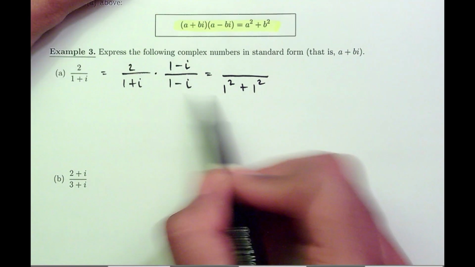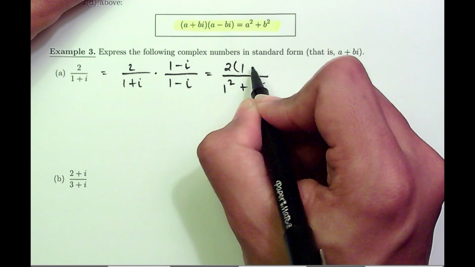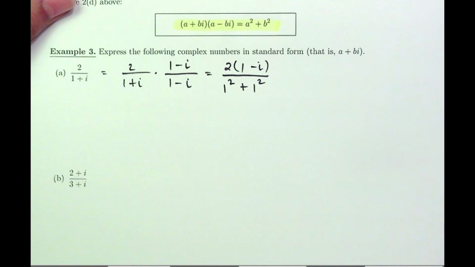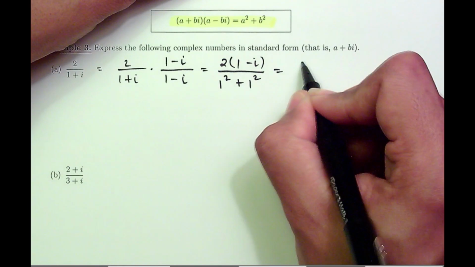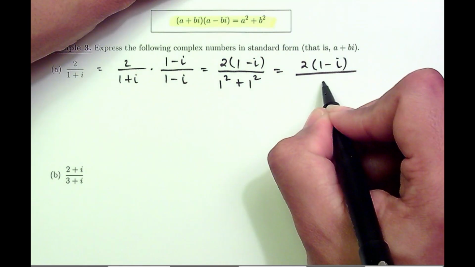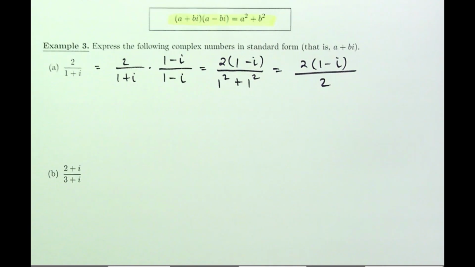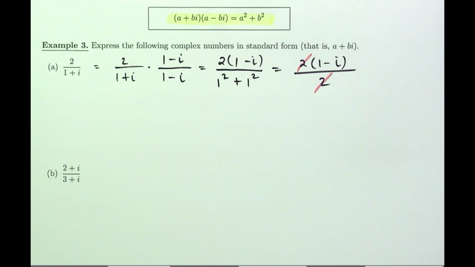So it's going to be 1 squared plus 1 squared in this case. And on the top, I'm just going to write it out like that. Multiply across. 2 times 1 minus i. And what do you get? You get 2 times 1 minus i on the top, and on the bottom you get 1 plus 1, which is 2. And now I can cancel those 2. And the final answer would be 1 minus i.